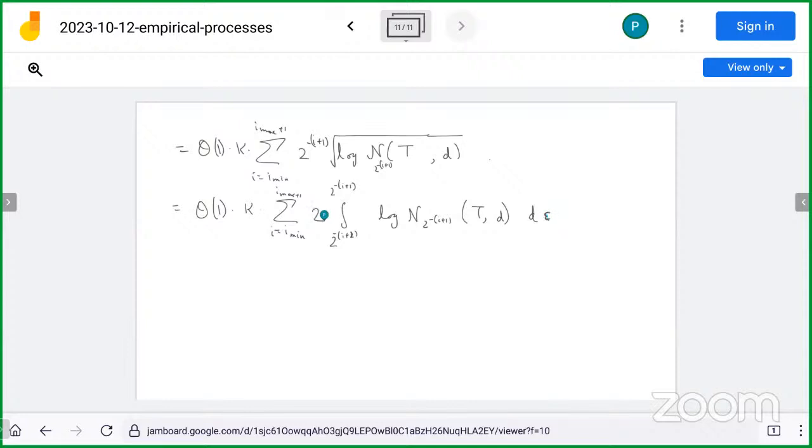This is just saying that this is the integral from here to here. But now, if I represent the epsilon, all the epsilon is smaller than this, so this n will only be larger.